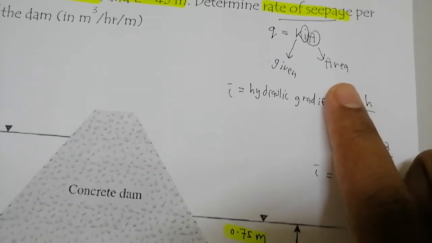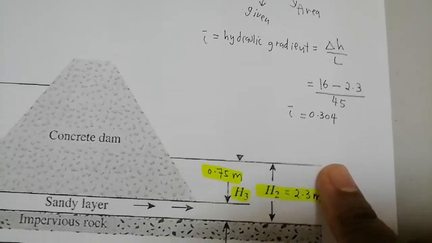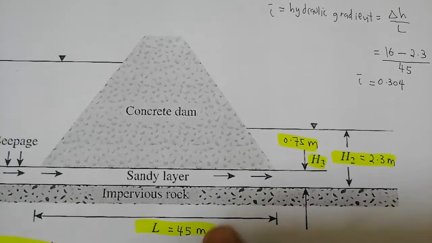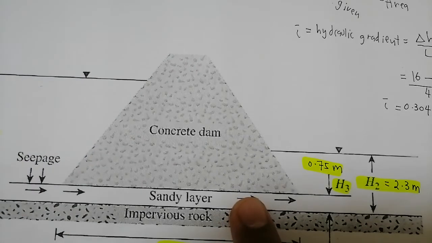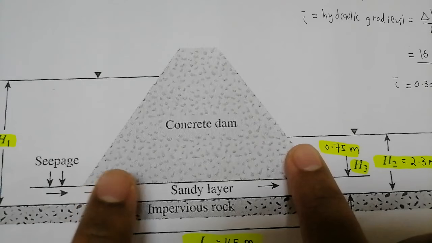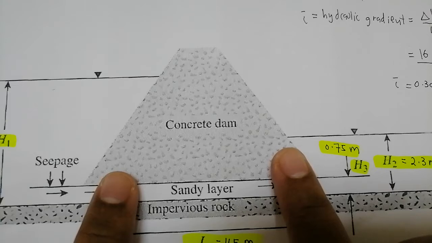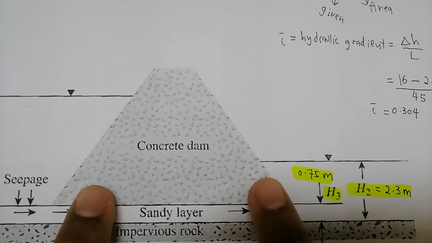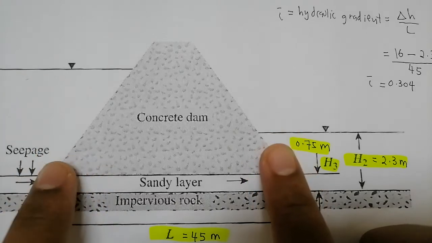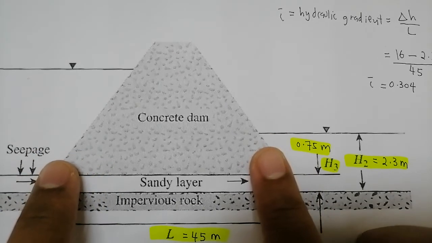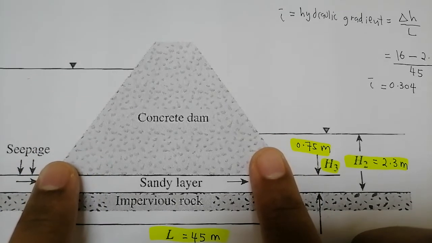So how to find this area, okay? To find this area, first, you have to imagine this concrete dam to be in three-dimensional. Or in Malay, untuk mencari area, kita kena bayangkan concrete dam ini dalam bentuk 3D.